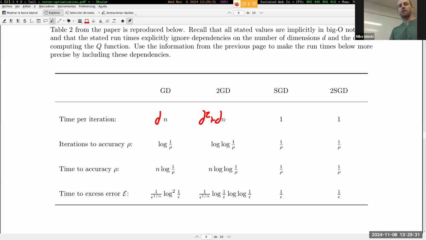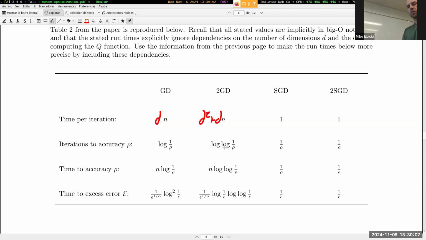And so it turns out that the number of iterations that you need is much, much smaller. With standard gradient descent, the number of iterations you need is log of 1 over rho. Rho, again, is the accuracy that we're trying to achieve. And so rho is going to be some small number less than 1, like 0.01, so that we'll have the log of some number larger than 1, which gives us a positive number for the number of iterations that we need.